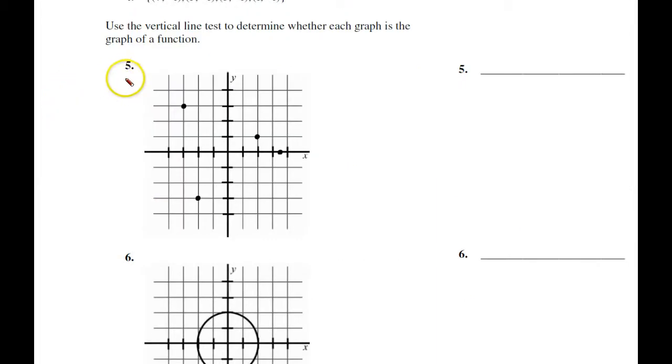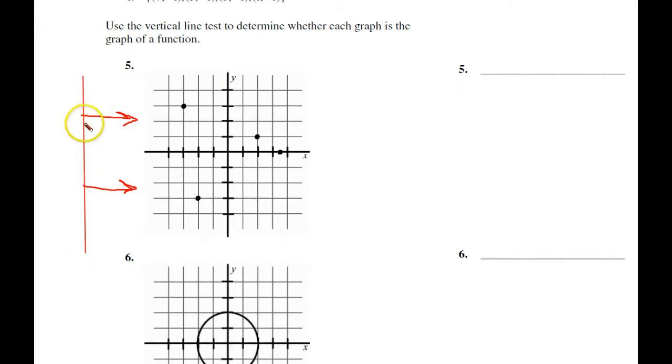Now in number 5, they're asking us for what is called a vertical line test. The vertical line test is if you have a vertical line that's sort of thin, and then you're going to take this line and move it over the face of your graph. This is the vertical line.